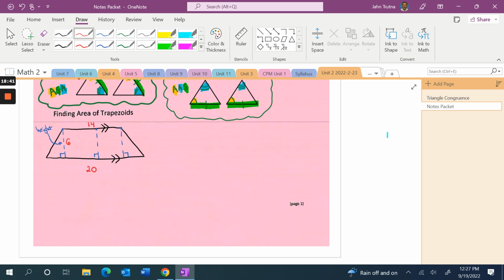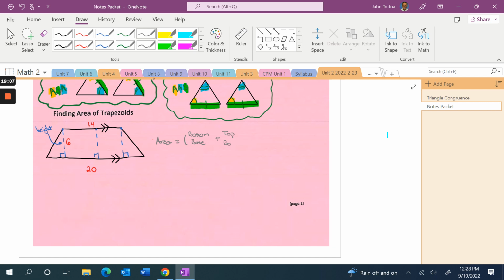Okay, so here's how you find the area of a trapezoid. There's a formula that you use, and it's probably best if you remember this formula. You take however long the bottom base is, and you add it to however long what they call the top base is.